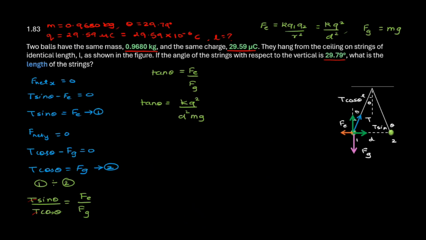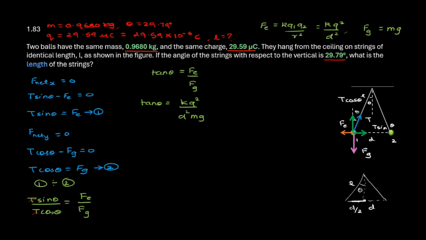Now I know all the terms in this equation except for d. We can find d from the figure here. If I were to redraw this figure, you will get something like this. The two ropes separated by a distance d and making an angle theta with the vertical. So this distance here, the small one is d by 2, and this is the length L of the rope.